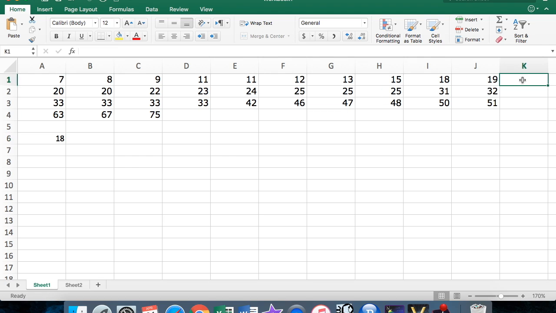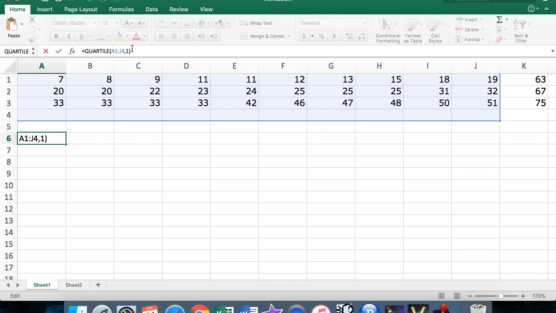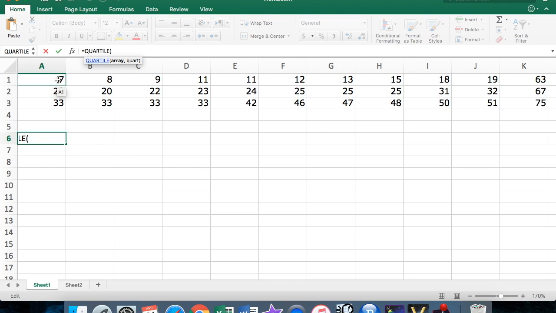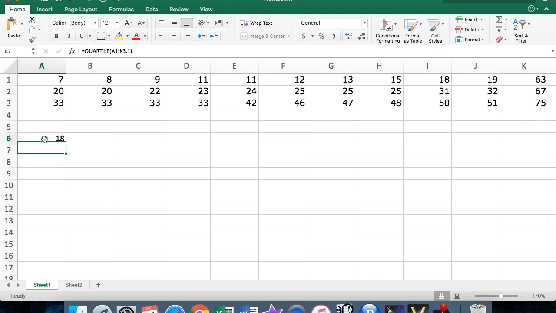Do 63, so there's 63, 67, and 75, and I'll just kill this. Okay, now I need to fix this. So let's see if it's still that same value. I'm pretty sure it will be, but you never know. First quartile. Okay, yeah, so it thankfully does not count the blank spaces.